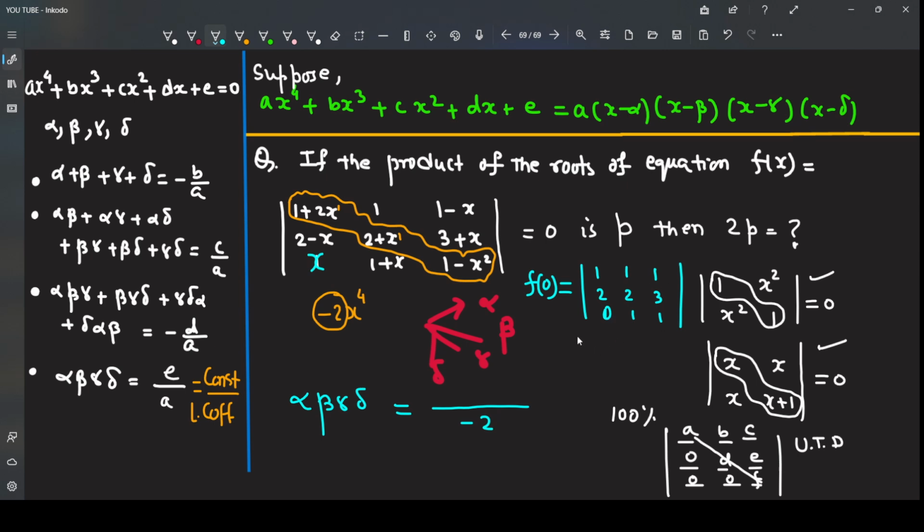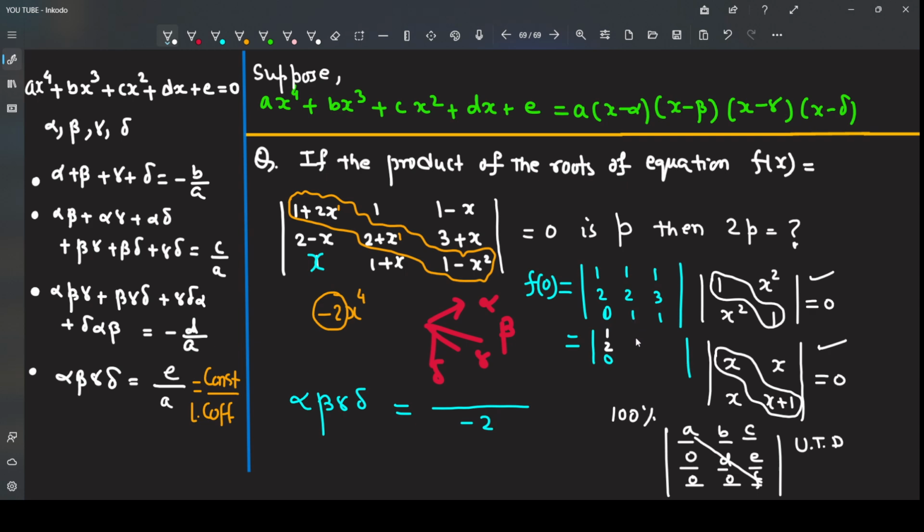So if you want to calculate this determinant very easily, do one thing. 1, 0 is already present here. Okay, now you can do column 2 minus column 1. So 1, 2, 0.